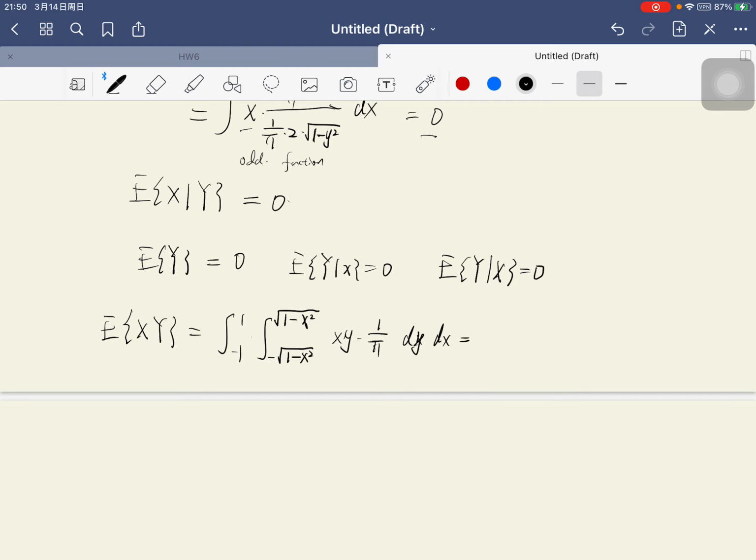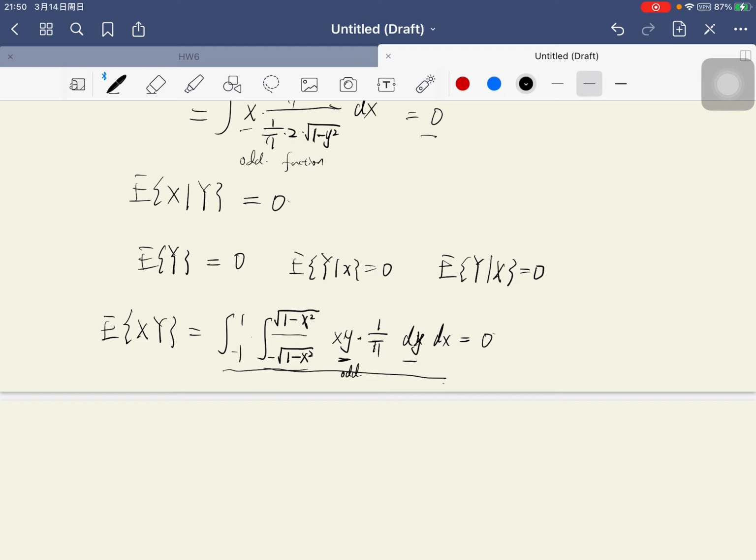It is equal to zero, because y is an odd function and the interval of y is symmetric about the 0 point, so the integral of this function is equal to 0.